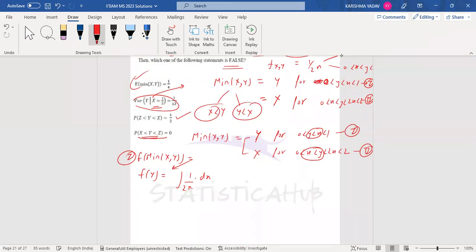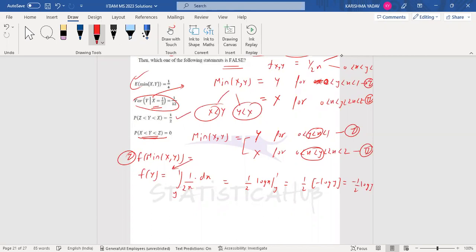So we will use this joint distribution. And 1 by 2x into dx, what is the dependent limit for x, that is y to 1. And that will be equal to 1 by 2 log x from y to 1, and by putting the values we got 1 by 2 log 1 is 0 minus log y. So we got minus 1 by 2 log y.